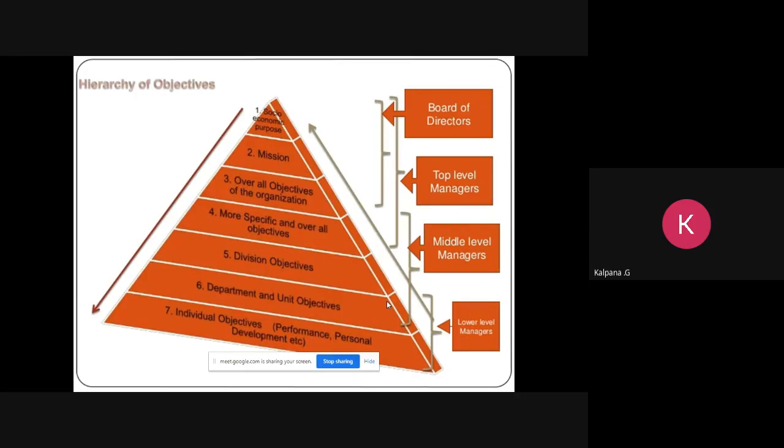We need all the spokes to work so that we use the umbrella in a better way. Without specific objectives, the general goal could not be accomplished, just like an umbrella cannot be put down or put up without using all the spokes. So this is how we differentiate the goal and objectives in the organization.